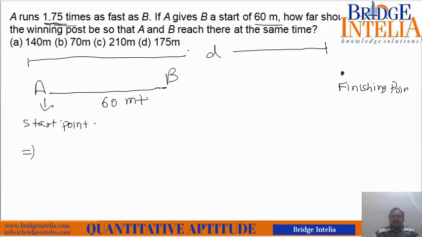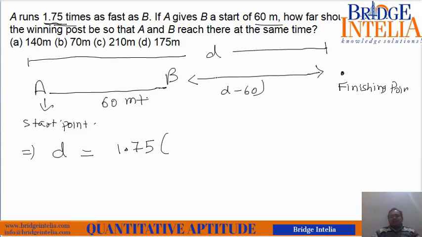So the distance covered by A, since A has to run from start to end, is the total length of the track. So D must be 1.75 times the distance covered by B. So what is the distance covered by B? This is D minus 60, because he was standing 60 meters ahead.